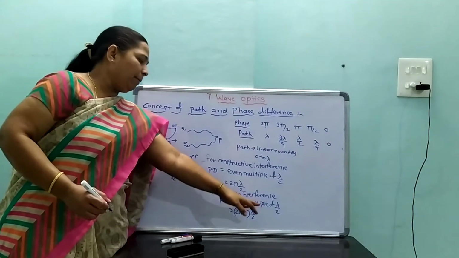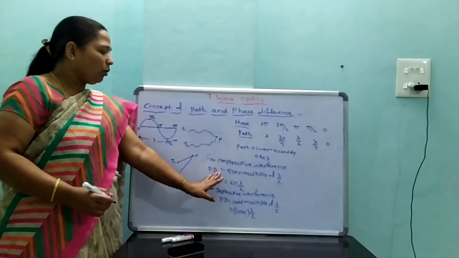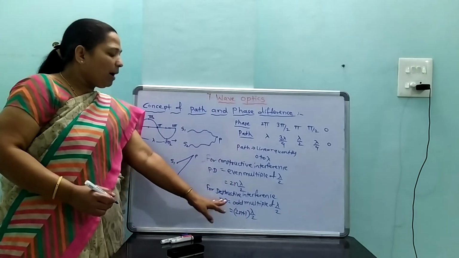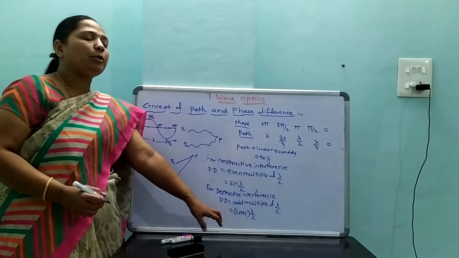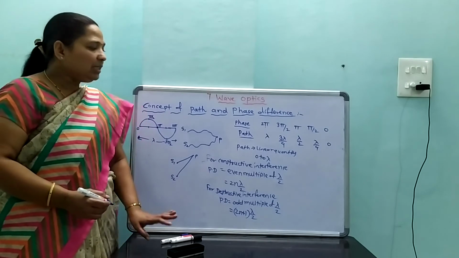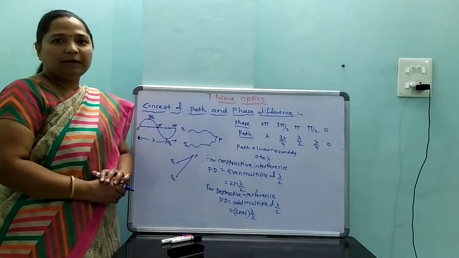So for an even multiple of lambda by 2 we get constructive interference, and when the path difference is an odd multiple of lambda by 2, destructive interference is obtained. This is the required condition for the constructive and destructive interference patterns.